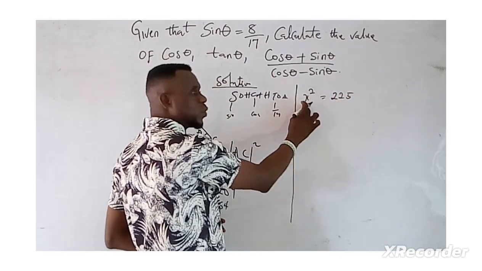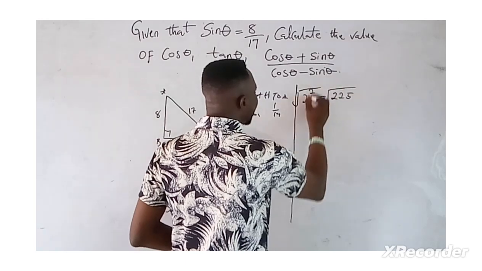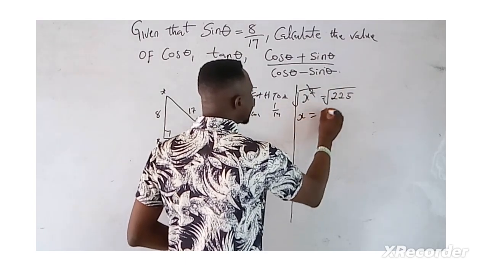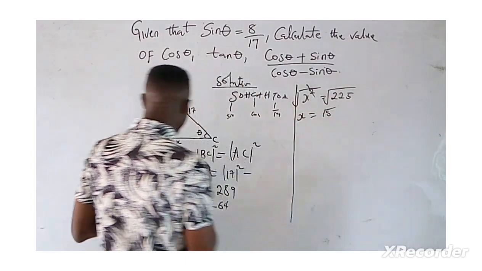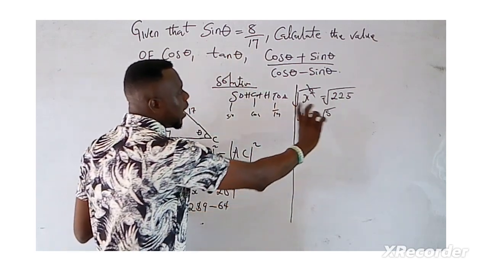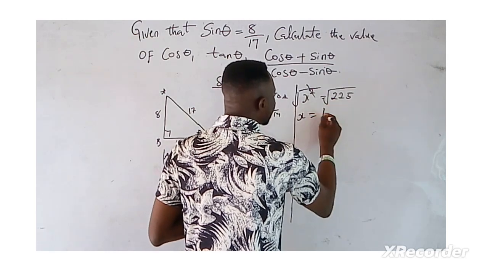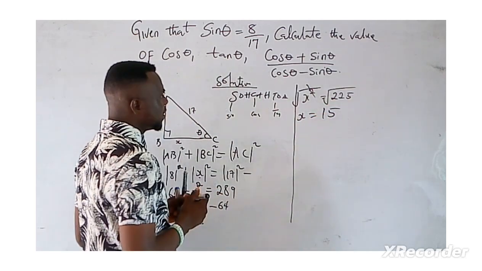So we need to get the value of x, so you square root both sides. Our x is equal to 15. That means the side between B and C is 15.